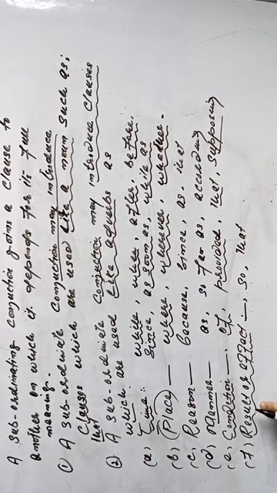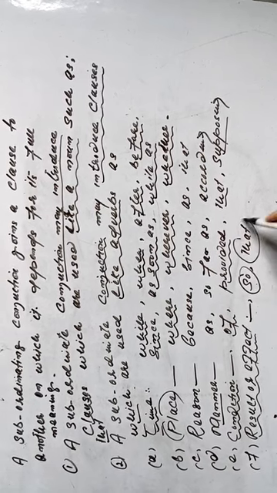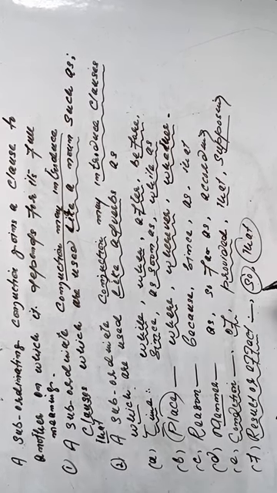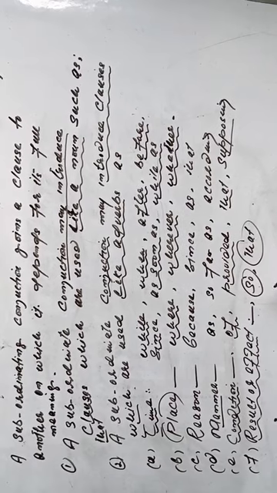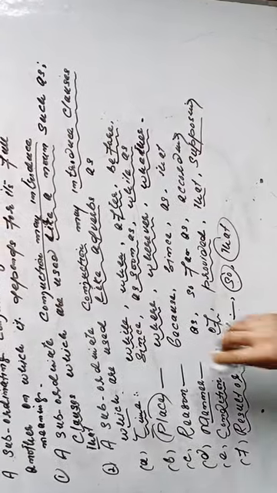I mean to say, for result or effect, you are supposed to use so, that. Now we have a full list of subordinating conjunctions. Now, have a look, please.